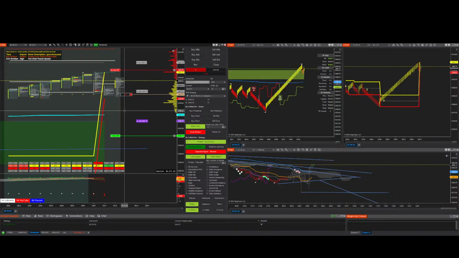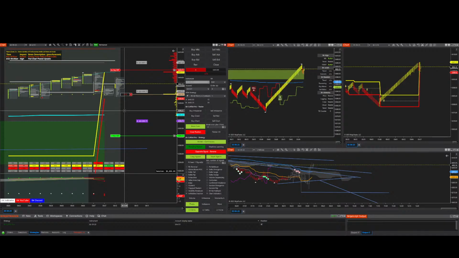Chikou is right there above the Kumo, above the candles at the Kumo, previous Senkou Span B. This candle needs to close above that for it to really be a true bullish setup.